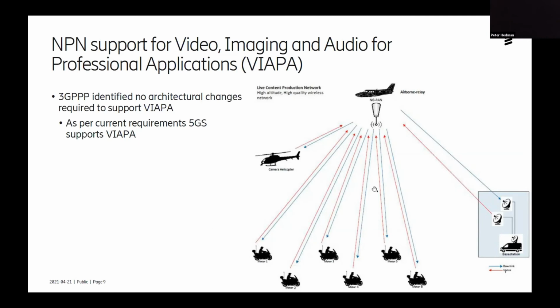So to address scenarios like this one that Ian also showed, which comes from the TR that Ian worked on, there are no required changes, but you can use the current V16 architecture to address these media production use cases. And if that is not the case, then we need to come back to them. But we'll need to discuss this further if anything is missing.